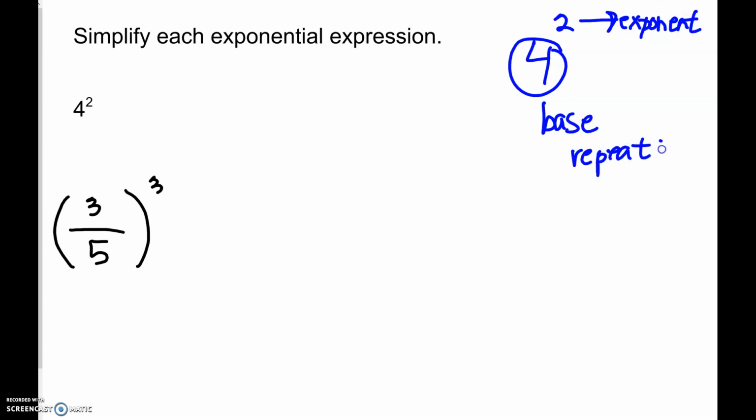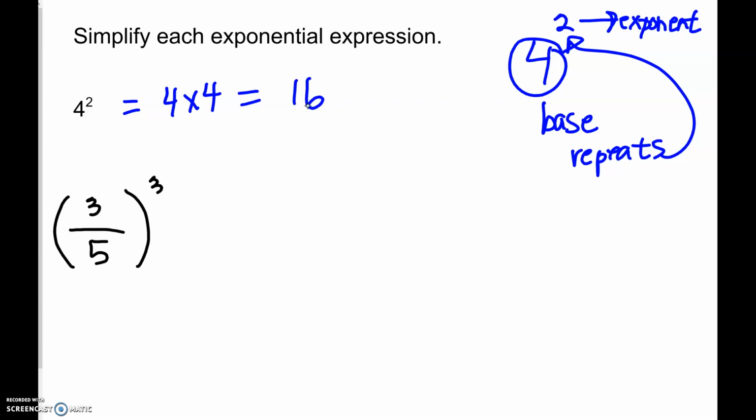How many times does it repeat? That's when we look up here at the exponent. So in this first example, 4 squared, or 4 to the second power, or the square of 4, you could read that all those ways, really means 4 times 4. And that is 16.